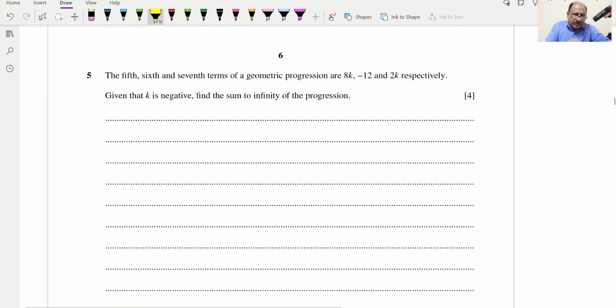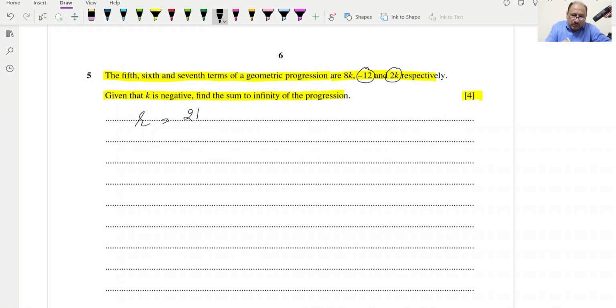Question number 5 says the 5th, 6th and 7th terms of the geometric progression are these respectively. Given that k is negative, find the sum to infinity of the progression. 4-mark question. So what is the r value in a geometric progression? r is equal to the next term divided by the previous term.